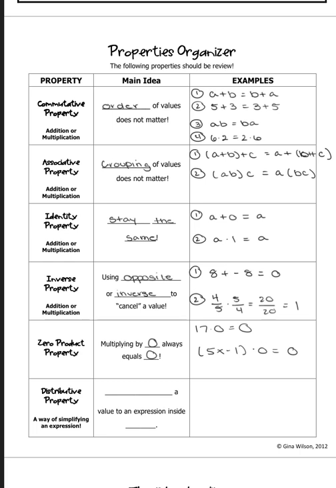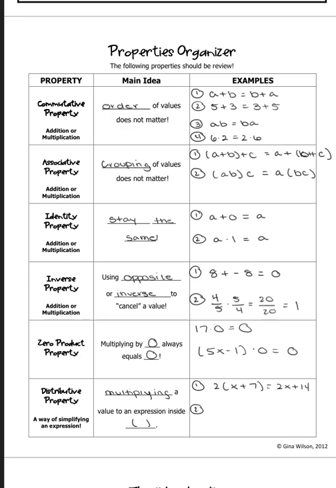The distributive property: multiplying a value to an expression inside parentheses. We've worked with the distributive property in several examples that we've done. For example, you have 2 times the quantity x plus 7. That's going to give us 2x plus 14.